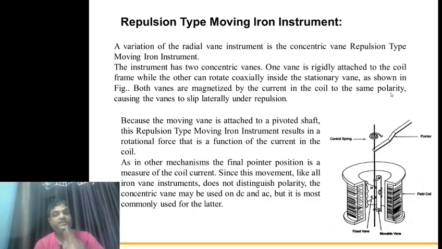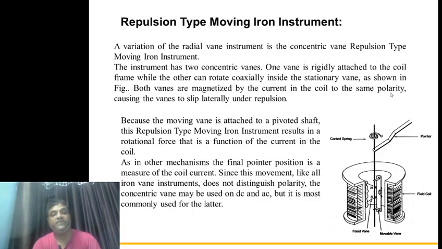So the current in the coil always gives the same polarity, so N is in front of N, S is in front of S. The vane slips laterally under the repulsion. Here the movement is like slipping of the vane as the rotary coil starts rotating.